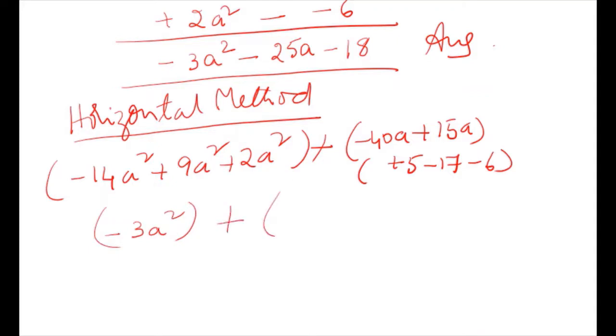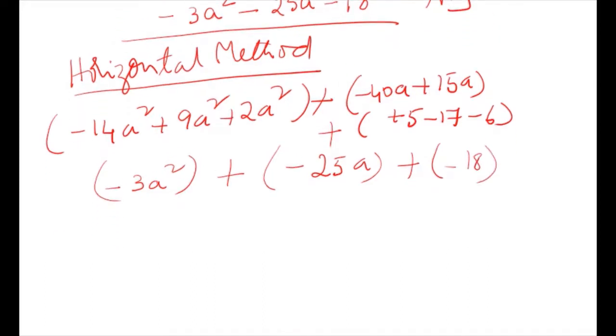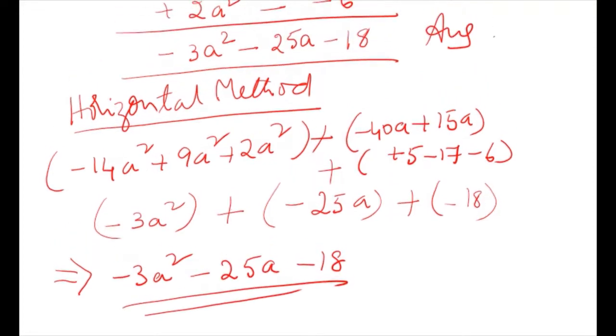Then minus 40a and plus 15a, you will get minus 25a, and then plus 5 minus 17 will give you minus 12, minus 12 and minus 6 is minus 18. So now you can write it as minus 3a square minus 25a minus 18 as your final answer.